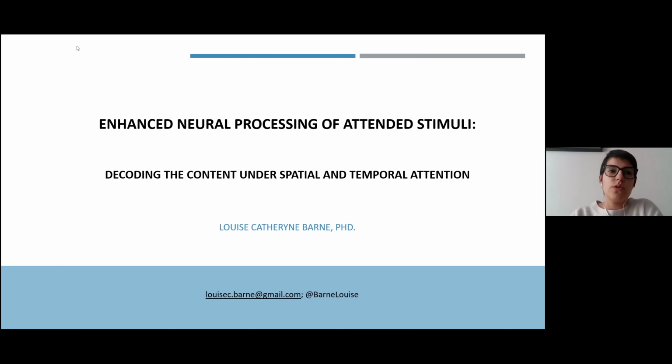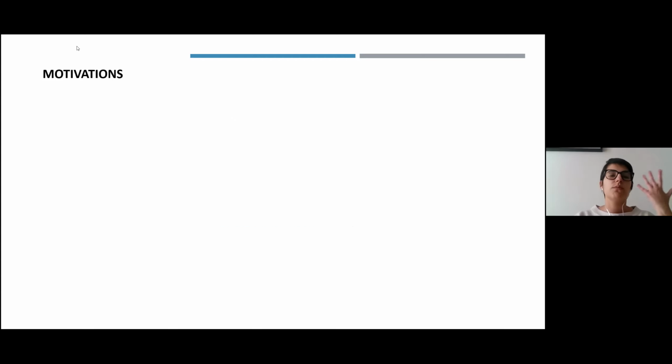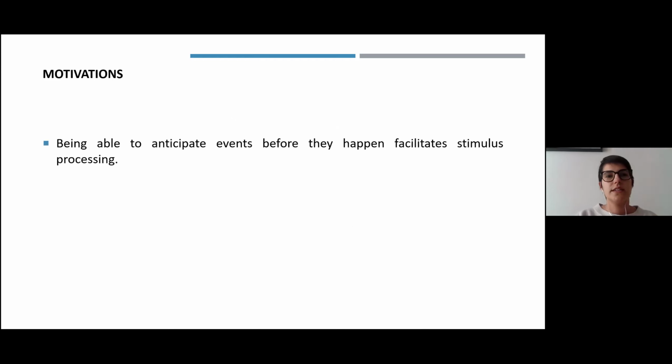When we started the PhD, we knew that being able to anticipate events before they happen facilitates stimulus processing. This is kind of obvious in our daily lives when you are prepared to hit a ball or do things in the environment, but also in the lab, for example in a Posner task.